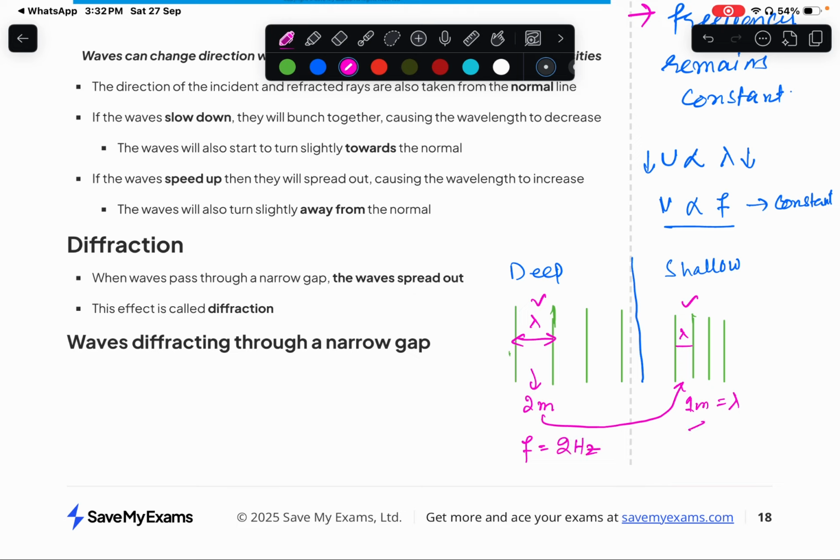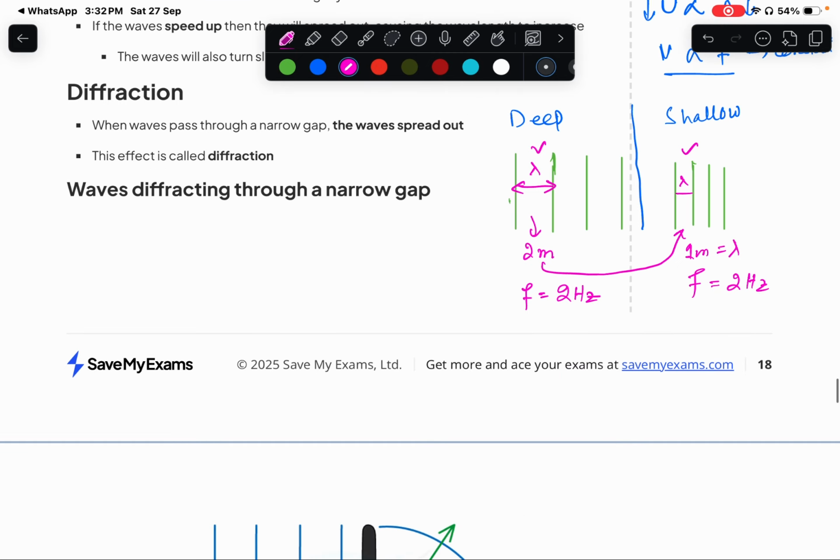So the frequency will still be 2 hertz over here. Now, if we calculate the speed, v = fλ, and if we put in the values, the frequency is 2 and the wavelength in the deeper region is 2. So we would get 4 meter per second as the speed.